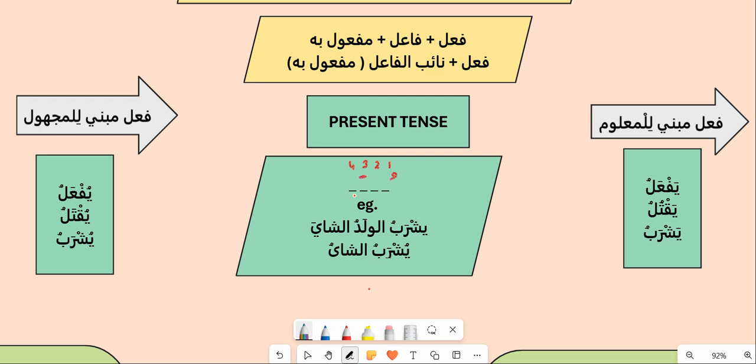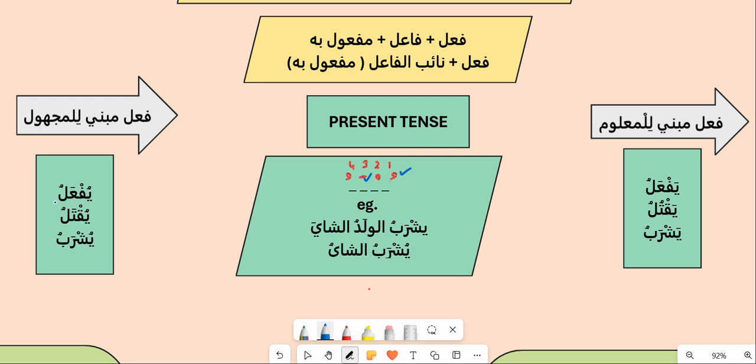And what about the last letter? It will have the same usual haraka. What about the second letter? It will have a sukoon. So where is the change here? Only on the first letter and the second last letter. That's how you make the simple present tense into majhul.